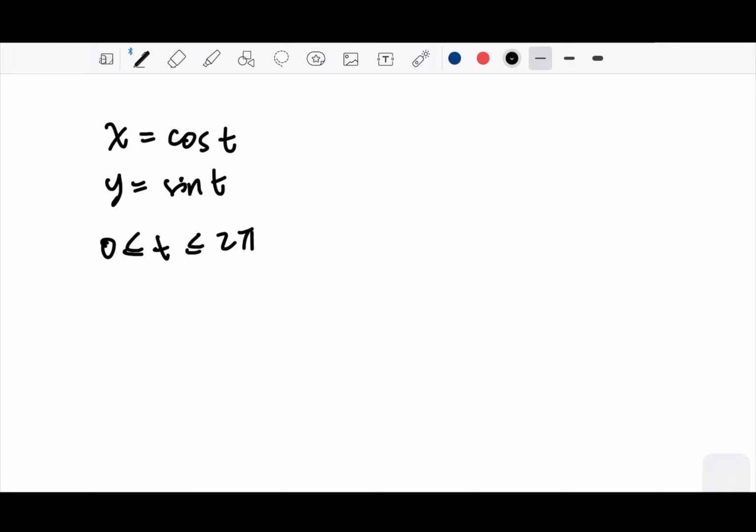Okay. Of course, we already see the curve that is a circle, right?